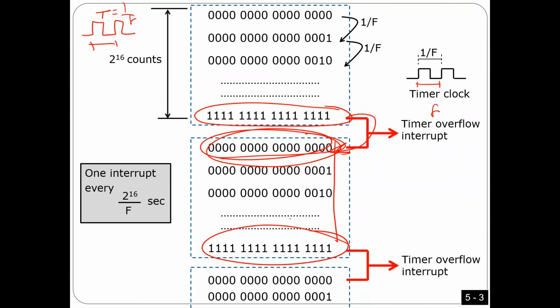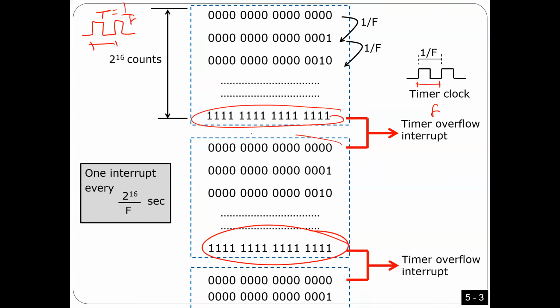And every time it rolls over from all ones to all zeros, it's going to trigger an interrupt. We call it timer overflow interrupt. That makes sense because every time there is an overflow, it's going to trigger one interrupt. Is that okay, guys? Just try to understand part by part, and then I'm going to connect everything together. Any question here?